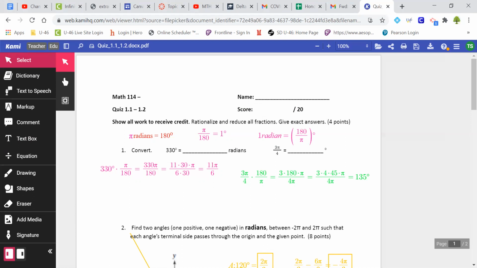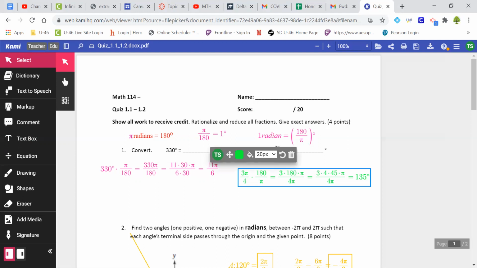So 1 radian is 180 over pi degrees. So 3 pi over 4 radians must be 3 pi over 4 times 180 over pi degrees. So I'm multiplying. The pi's cancel out. 180 is 4 times 45, so the 4's cancel out, leaving me with just 3 times 45, which is 135 degrees.